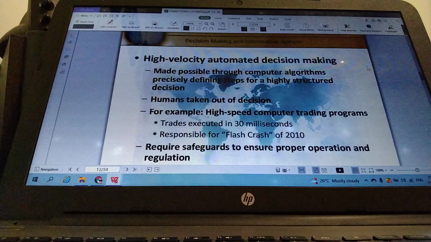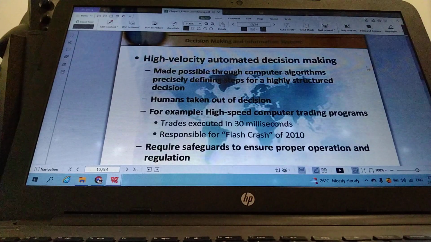We only have 200 fab. But there are many in neighbor countries and in the developed countries where the operation is completely being carried out by robots, highly automated robots, and there is no room for mistake or errors.